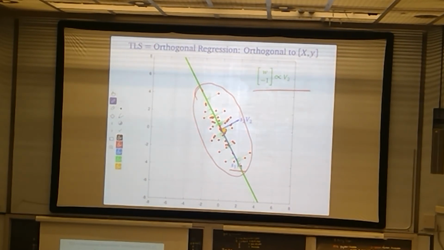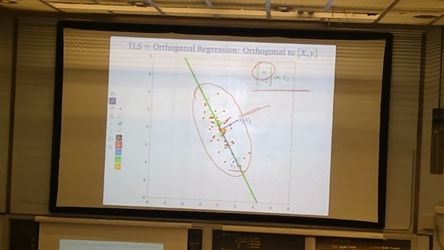According to the derivation, the TLS is looking for this solution. It's proportional to V2, proportional to this direction, okay? And you can see that the fitted line, the green line, is the TLS solution. It's perpendicular to the long axis and parallel to the short axis. So my W, together with the -1, is parallel to V2.